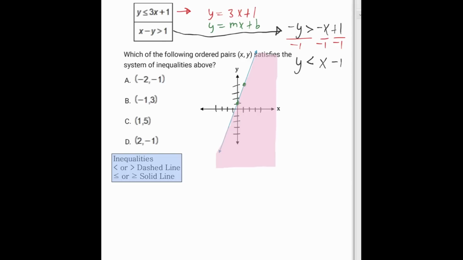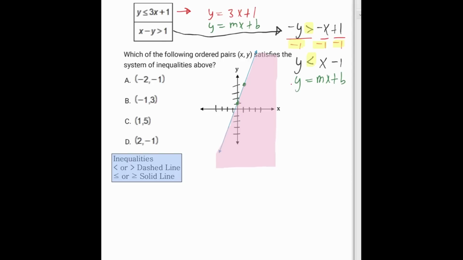So just to show that we flipped the inequality around because we divided by a negative. So we've got y is less than x minus 1. Now that is in y equals mx plus b format if you imagine that there were an equal sign there.